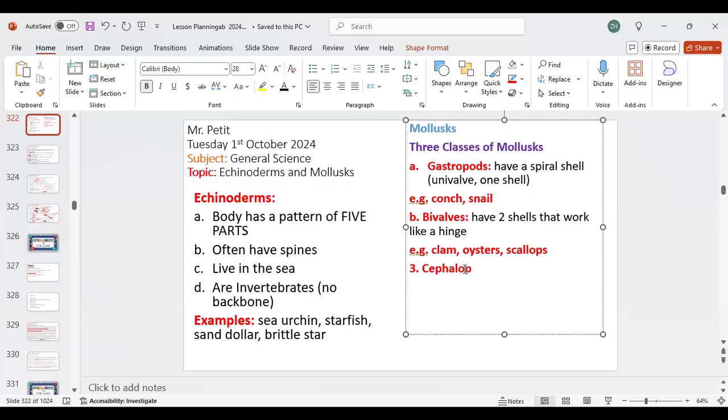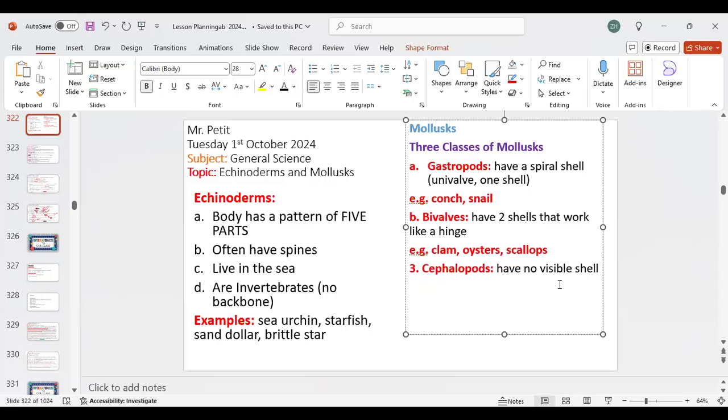Okay. So cephalopods. They have no visible shell. You would think the next one would have a shell, but these have no visible shell.